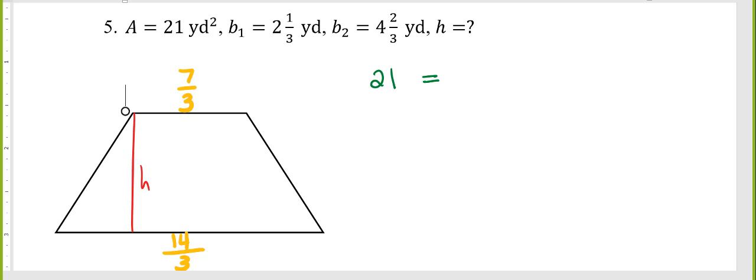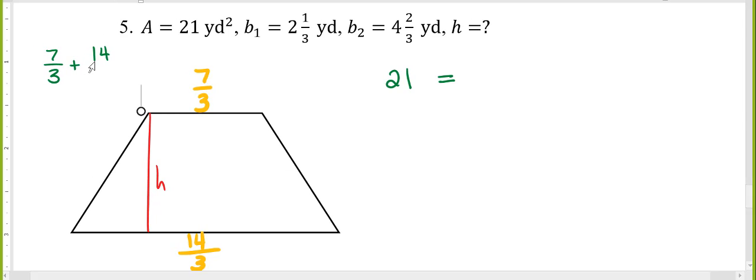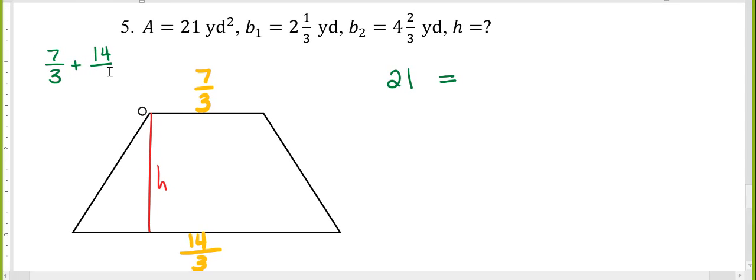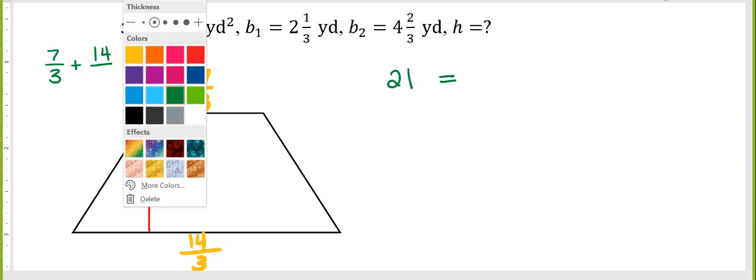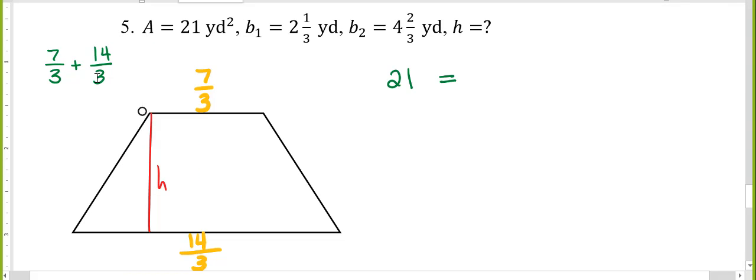When I add those two bases up, what is 7/3 plus 14/3? 7/3 plus 14/3 is 21/3, which is what?